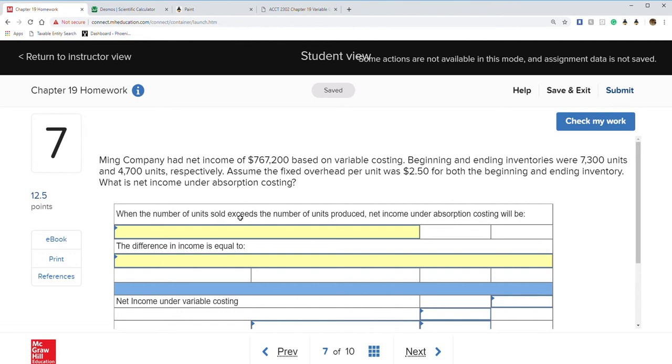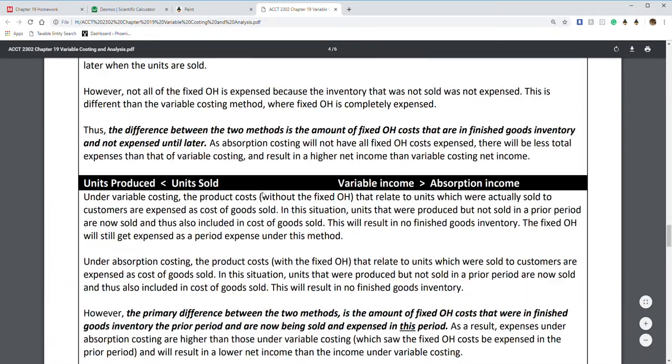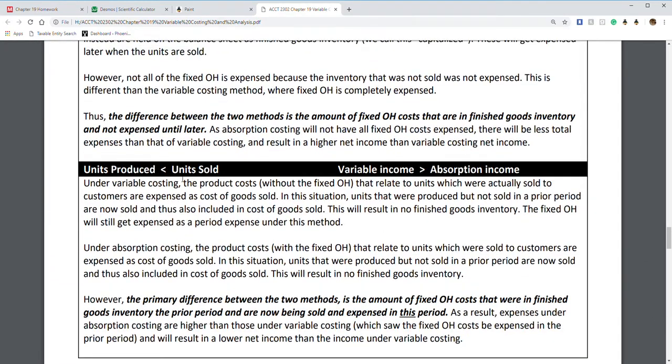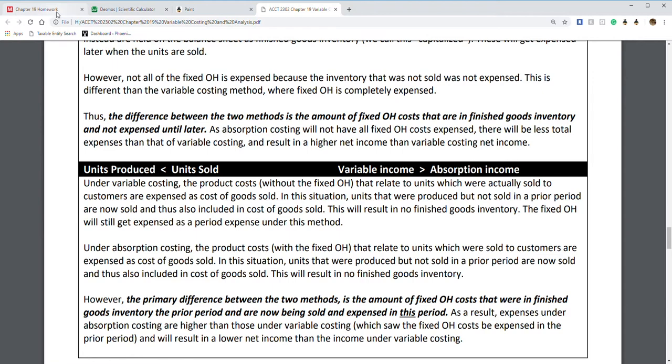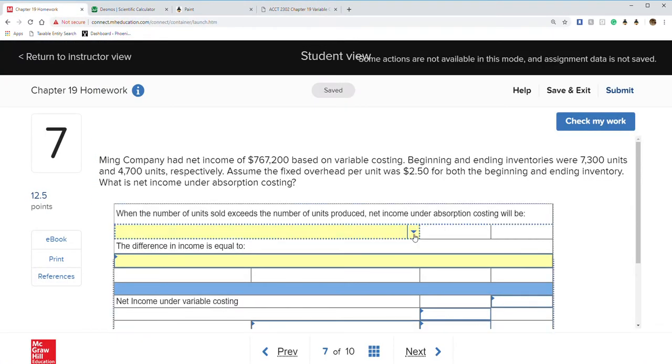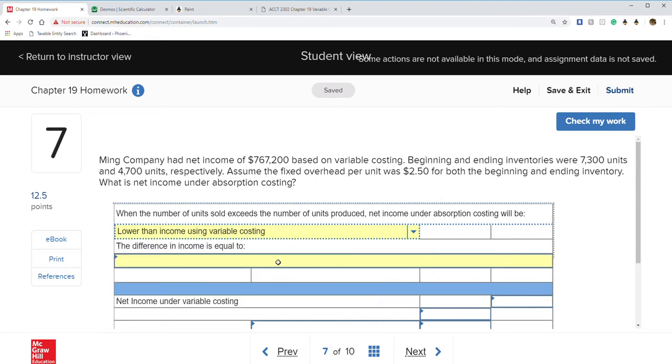But when the number of units sold exceeds the number of units produced, net income under absorption costing should be blank. Well, if we went back to our notes, when units sold exceeds units produced, absorption should be less than variable. So let's see what it has. Should be lower. There we go.